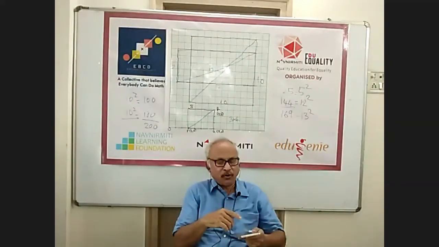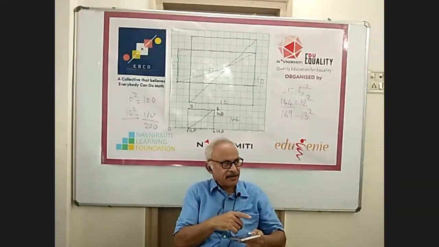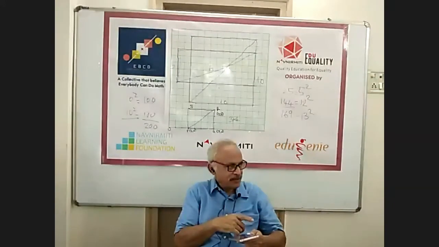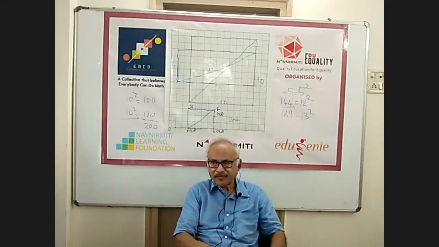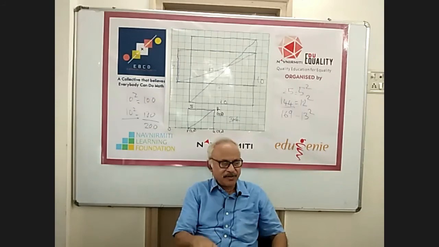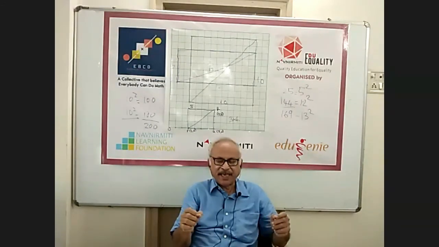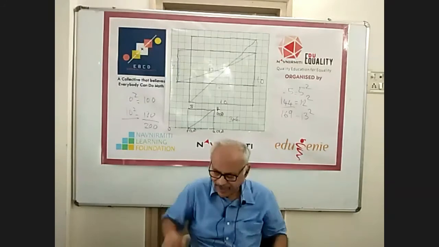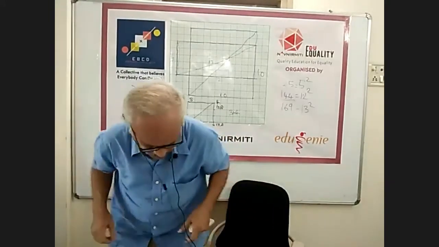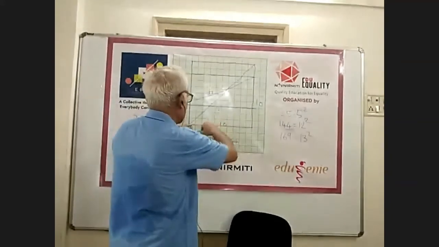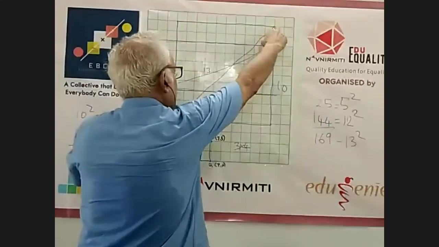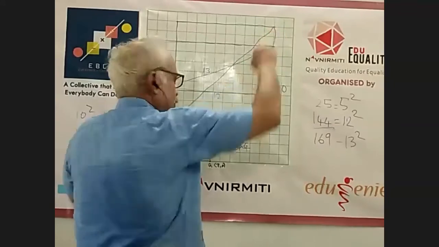So now, do you know why you got the diagonal as 14.2 centimeters? Right, but with your scale, you measured this diagonal. Sir, but I got the measure as 14 centimeter. I didn't get 14.2.